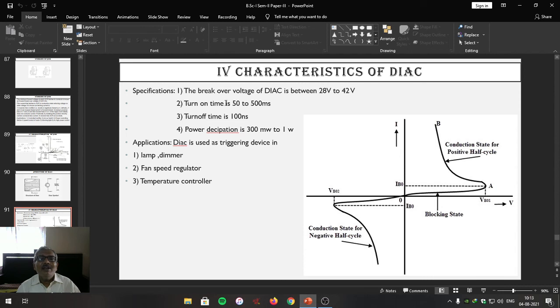Turn on time and turn off time should be decided within the given range, so that the further device to be triggered may turn on and turn off. For that purpose, the designer has a choice to choose the time constant values to be decided with R and C, that is resistance and capacitor.